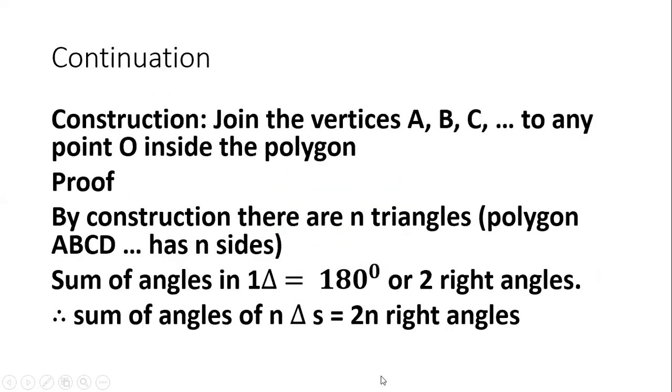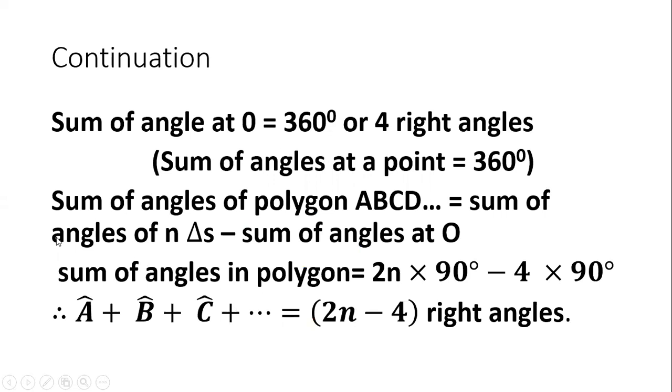So we get that the sum of angles of a polygon ABCD up to n with n sides would be equal to the sum of the angles in n triangles minus the sum of angles at a point, which is 360 degrees. And that's why we have it as 2n times 90 minus 4 times 90.